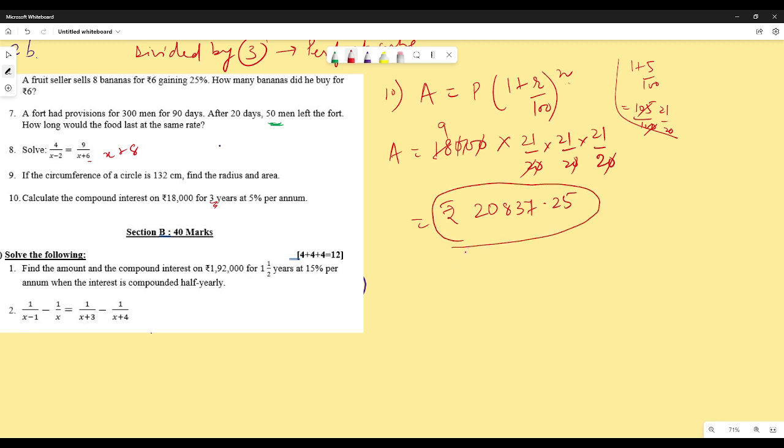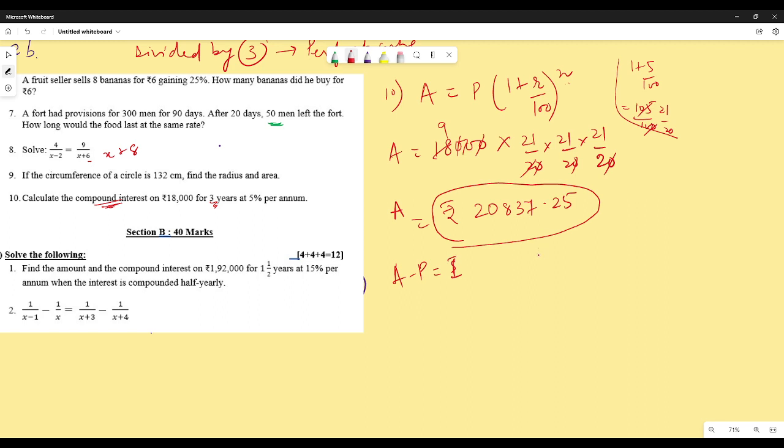This is your amount, remember. But what you are supposed to do is calculate the compound interest. Remember, this is the amount. So amount minus principal is interest, right?